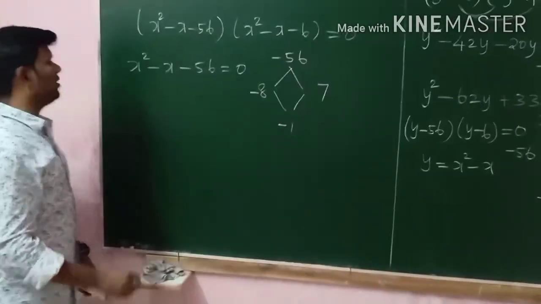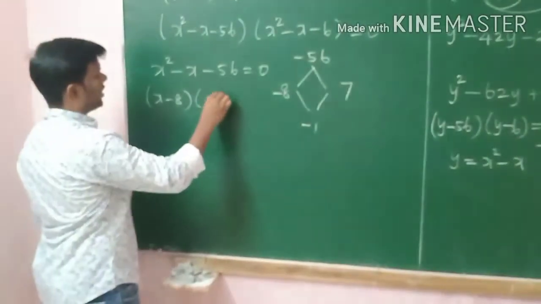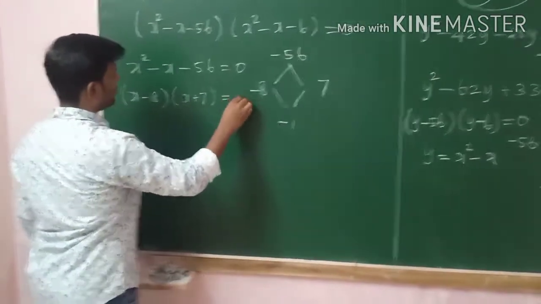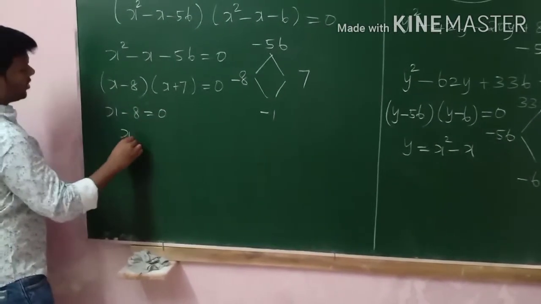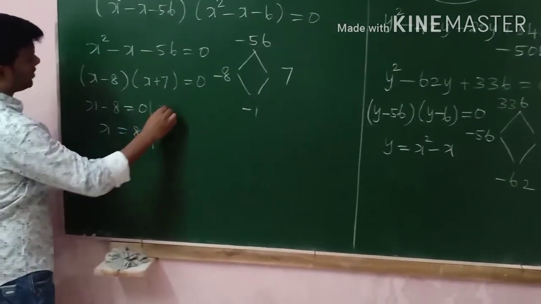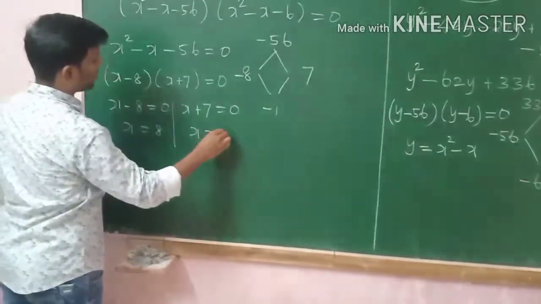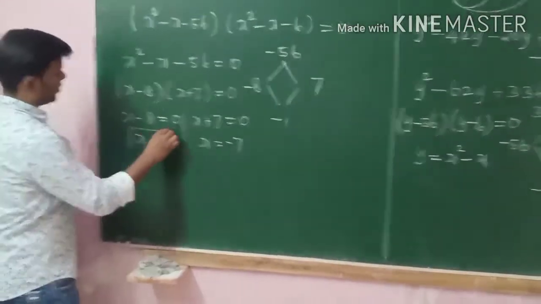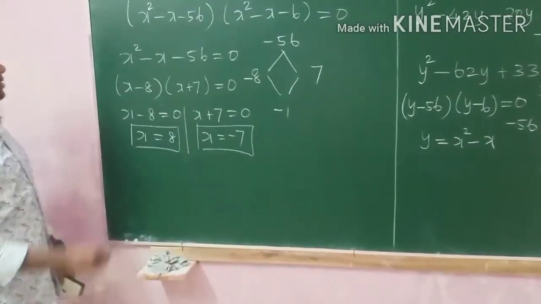Minus 8 plus 7 is minus 1. So (x minus 8)(x plus 7) equal to 0. x minus 8 equal to 0, x is equal to 8, and x plus 7 equal to 0, x is equal to minus 7. So we found two roots of the polynomial.